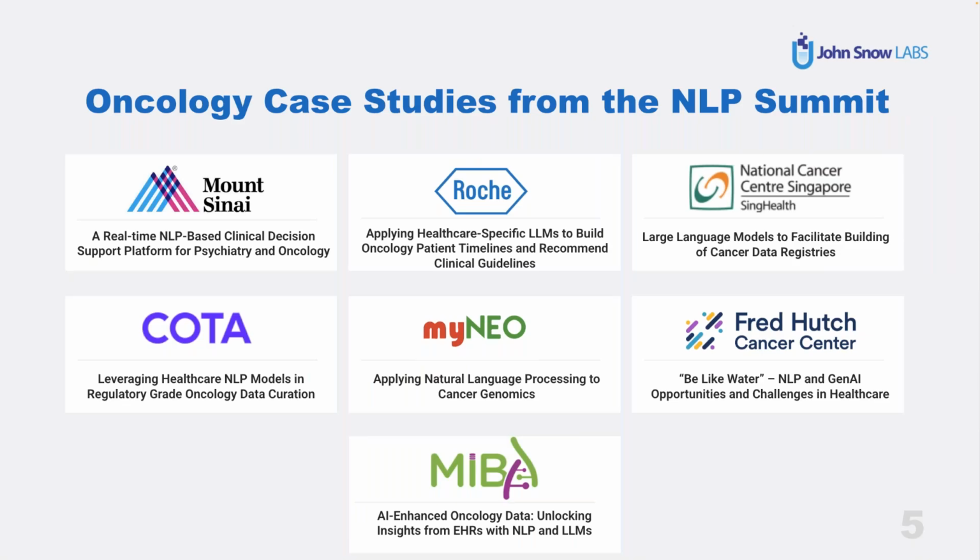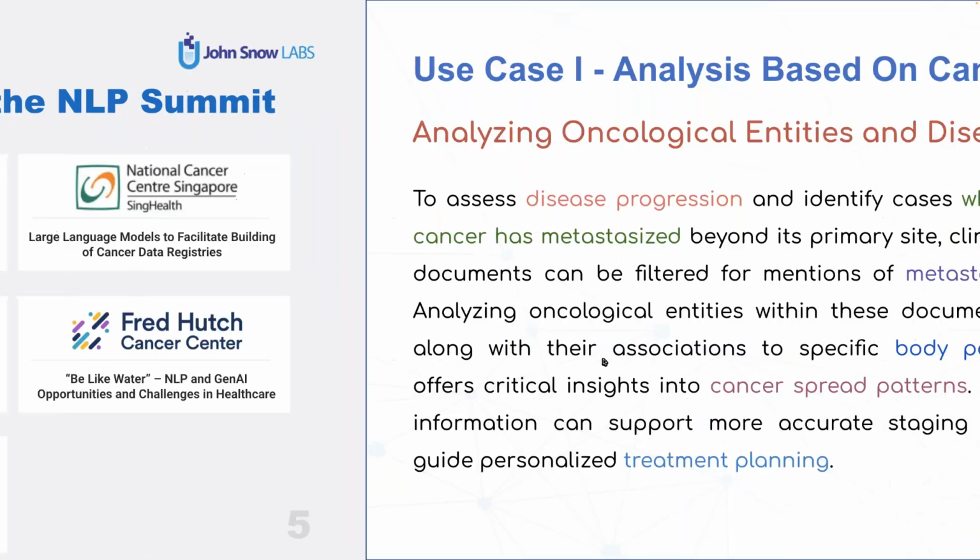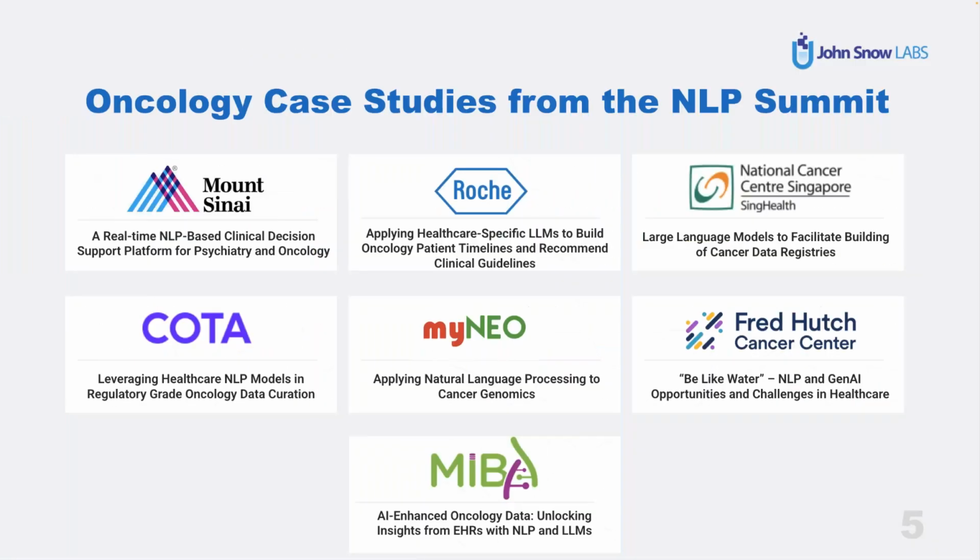On the other hand, MIBA presented AI-enhanced oncology data showcases. They are leveraging an AI pipeline that extracts and enriches the key oncology data from unstructured EHR text and scans.